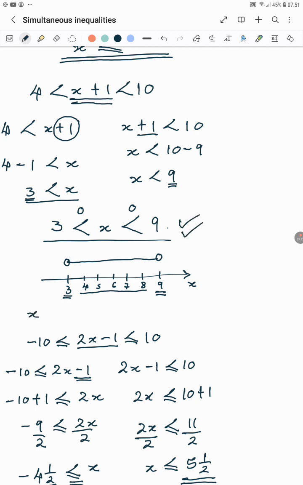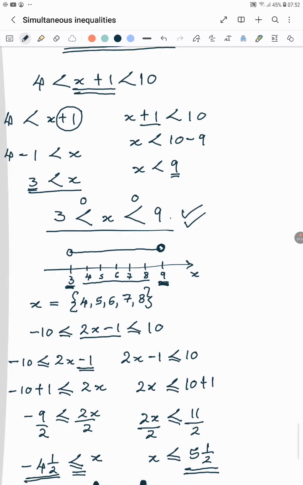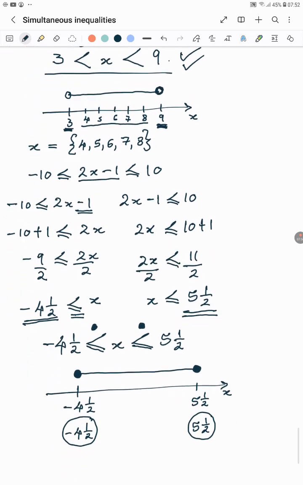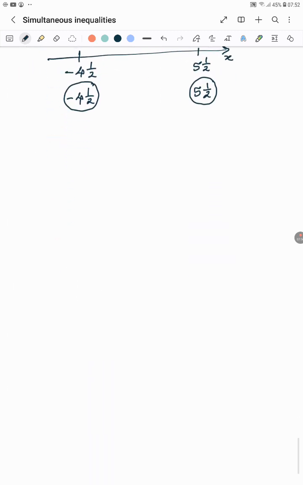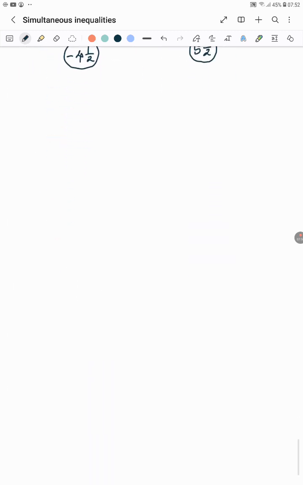So your x will be equal to a set of 4, 5, 6, 7, and 8. And you realize that 3 and 9 are not included. Why? Because a clear circle means that number is not included. It means you exclude that number. Okay, let's look at our last example.